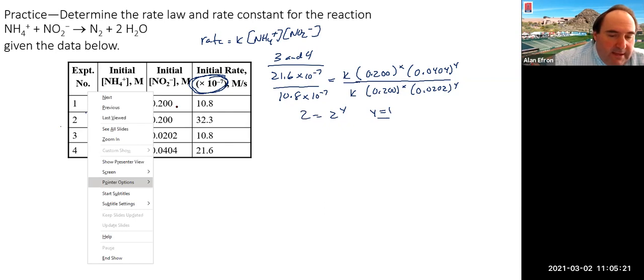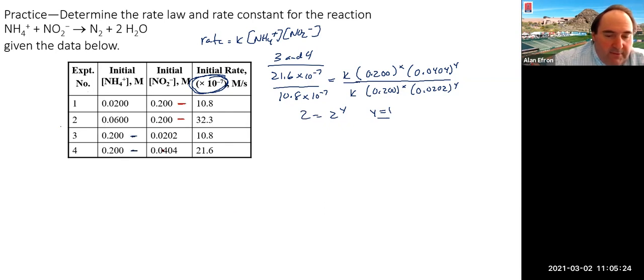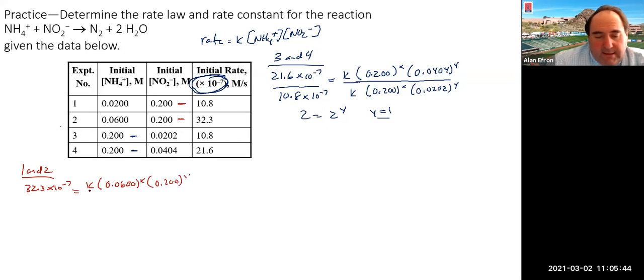Coming back to our table now, maybe 1 and 2 will stay constant. Looking at 1 and 2 here, I'm going to take 2 up on top, which is 32.3 times 10 to the minus 7, our K, 0.06 to the X, 0.2 to the Y. And then number 1 there on the bottom, 10.8 times 10 to the minus 7, K, 0.02, and 0.2.